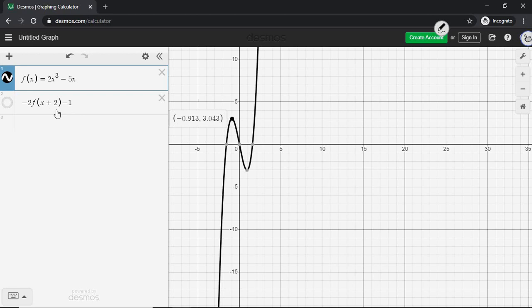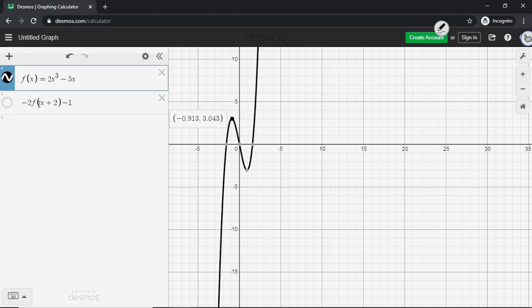So I should, in the end, find some point that's located at negative 2.913. So let's just remember that, negative 2.913. And then the y value, well, out here it's multiplied by negative 2. So it's going to be flipped over the x-axis. So that's going to put me at negative 3.043.